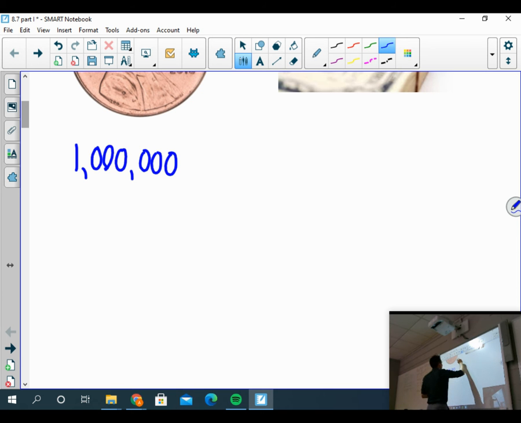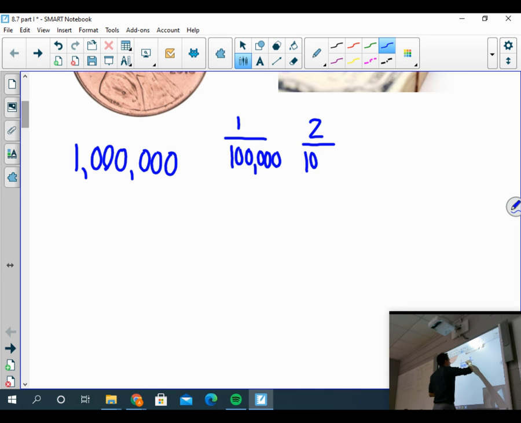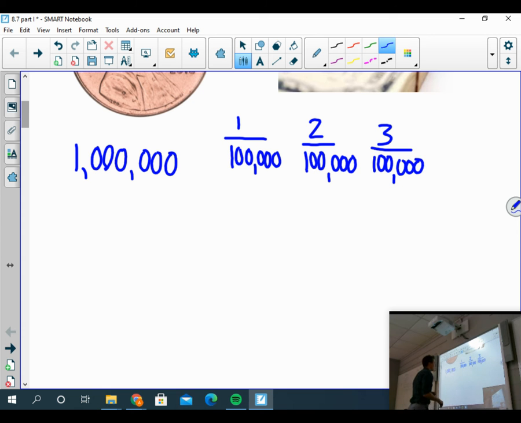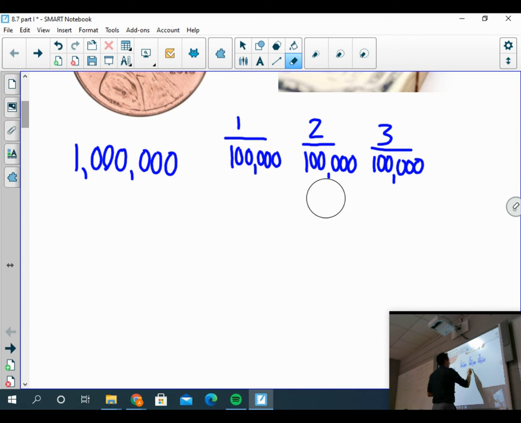So I start with $1 million, and then on day one, I get an additional 100,000. On day two, I get 100,000 more. Day three, 100,000 more. Maybe it'd be a little better if we wrote our totals here.